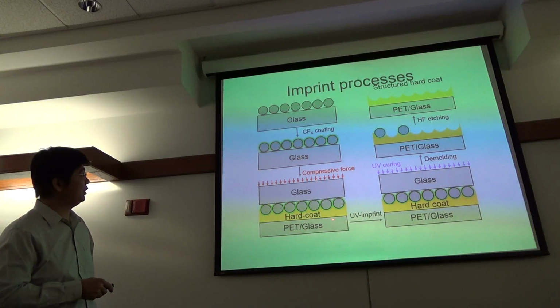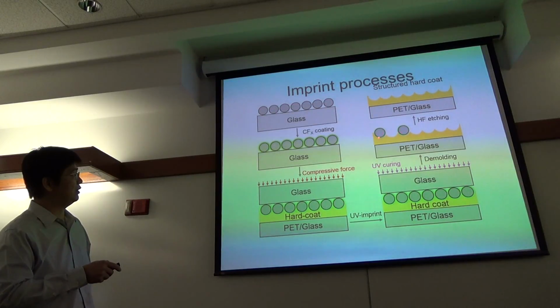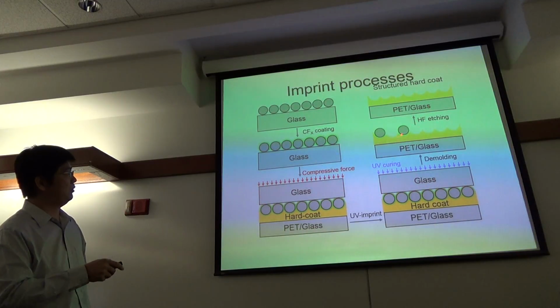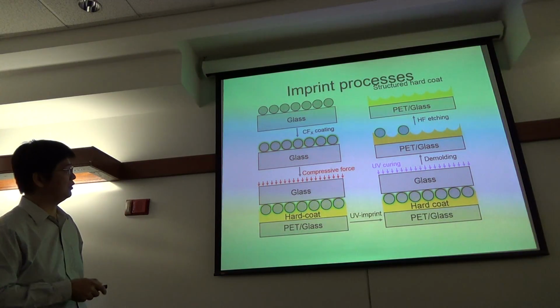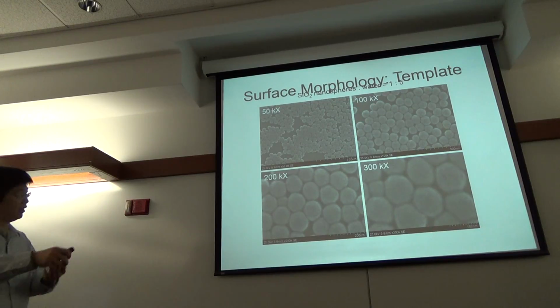So you put it here, then release that, but there are still some SiO2 nanospheres that stick on here. So we use an HF dip, so they can etch these particles. So that is the AFM image for that, on the template.